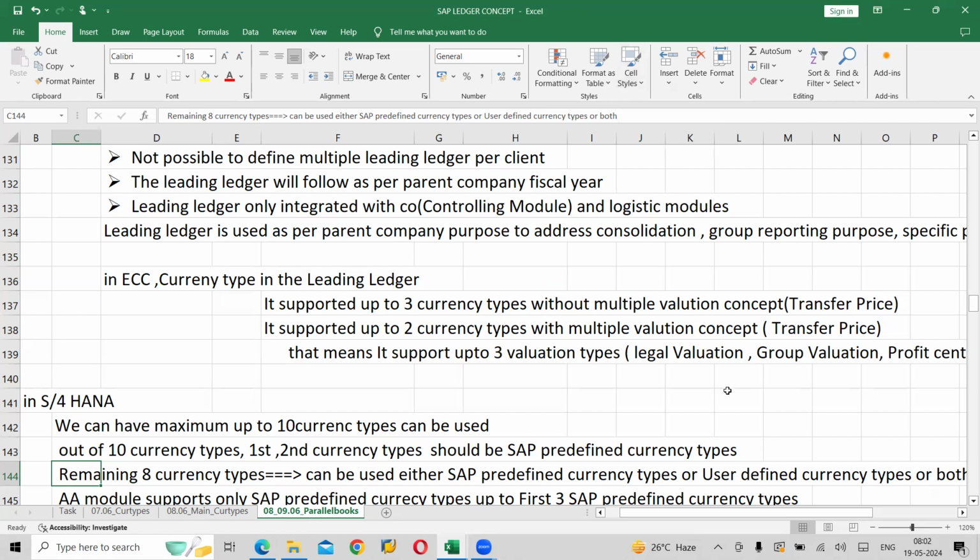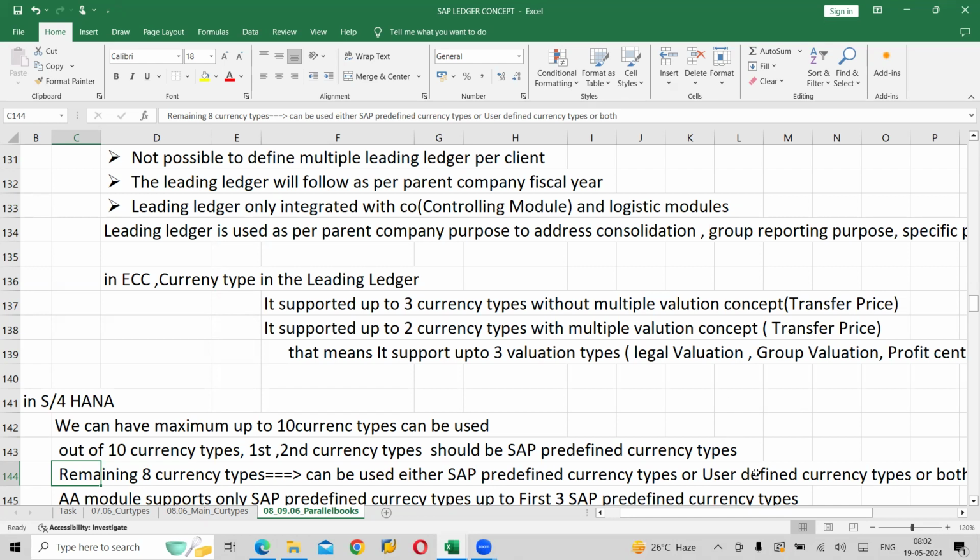We know that 10, 30, 40, clear. So out of the currency types, 0 0 to 99 can be used. Of those, 0 0 is a user defined currency, 10 is a predefined currency, 30 is a predefined currency type, 40 is a predefined currency type.